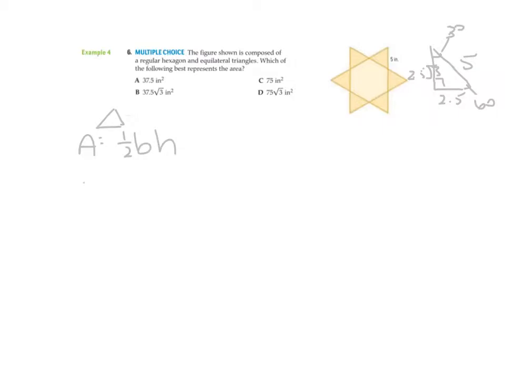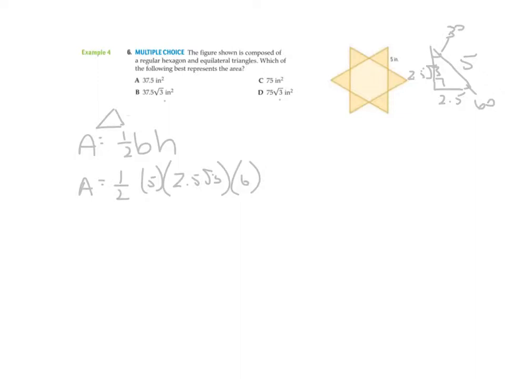Okay, so let's put that in. So A equals 1/2. Don't forget the base is the whole of the triangle, so that's going to be 5. The height is going to be 2.5 radical 3. Okay, and don't forget you've got 6 triangles, so you need to put a 6 at the end so you can put it all together. Alright, now some of the answers are radical, so I'm going to leave it in radical until I can get one of these that's near.